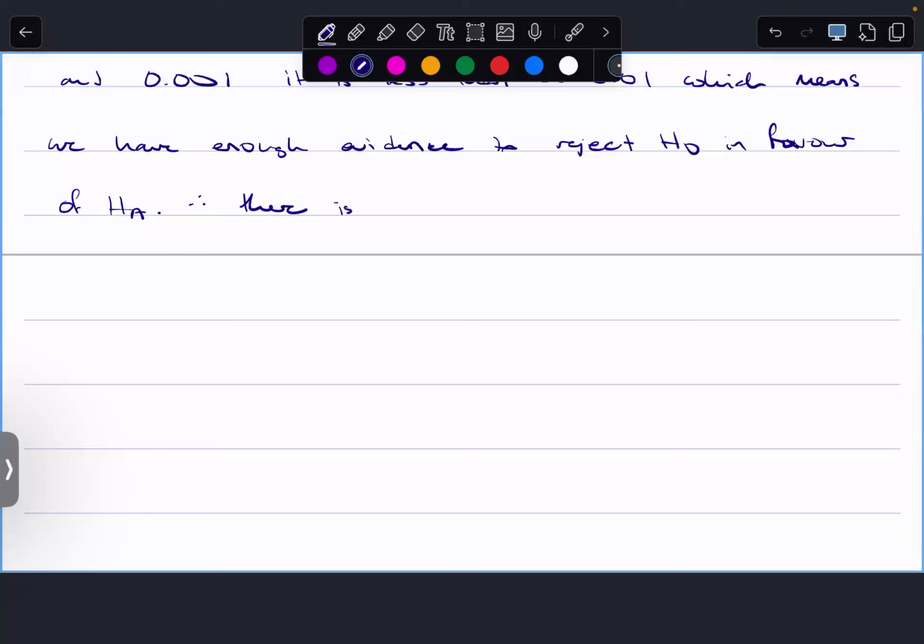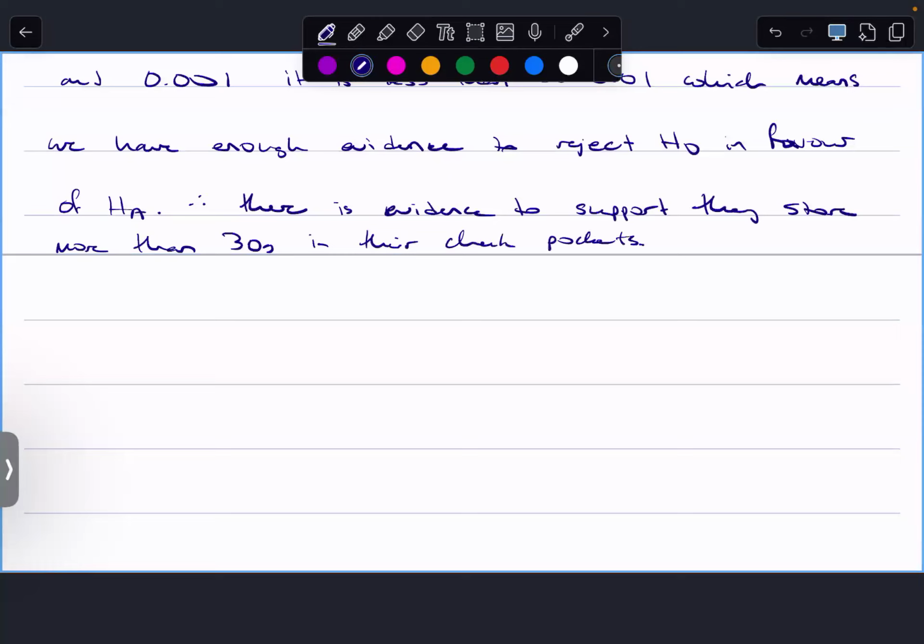There is enough evidence to support they store more than 30 grams in their cheek pockets.